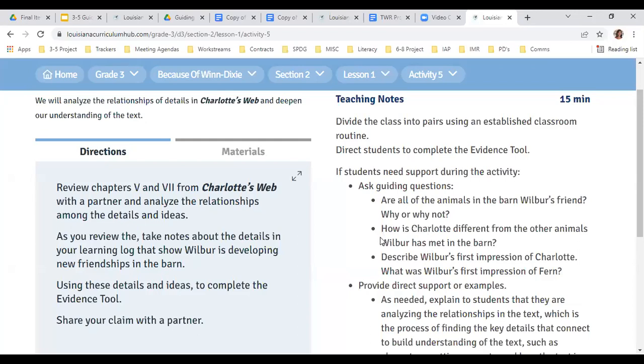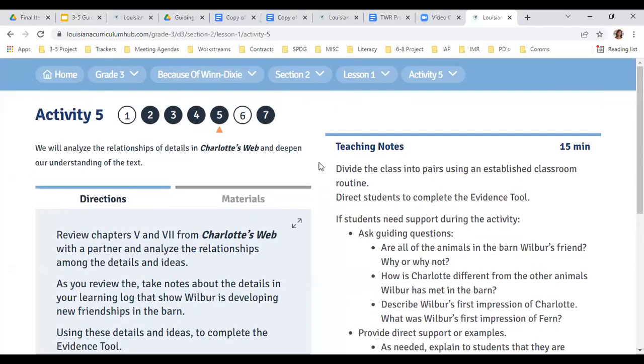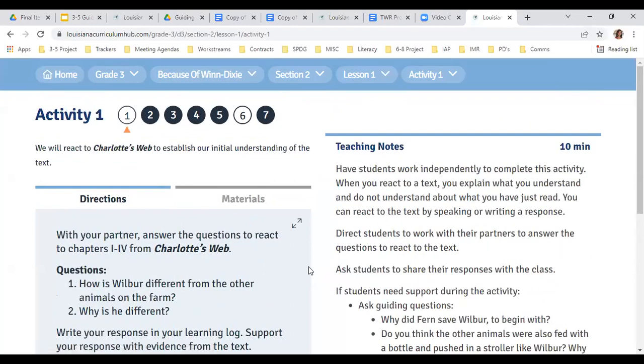Now let's look at that second question. What optional activities in section 2, lesson 1, would you include and why? So if we look at optional activity 1, we would include this one, but maybe change it to a whole group discussion first, and students respond to the questions after in their learning logs.